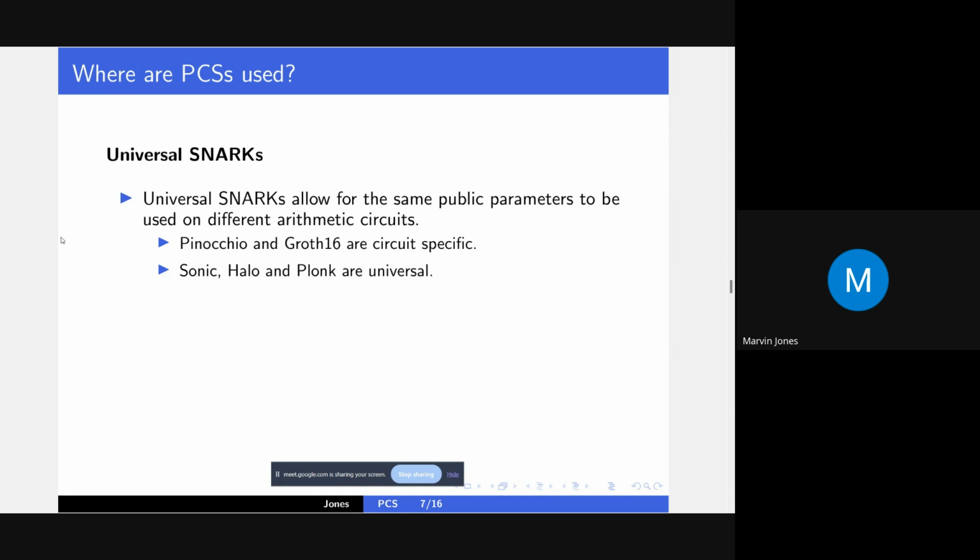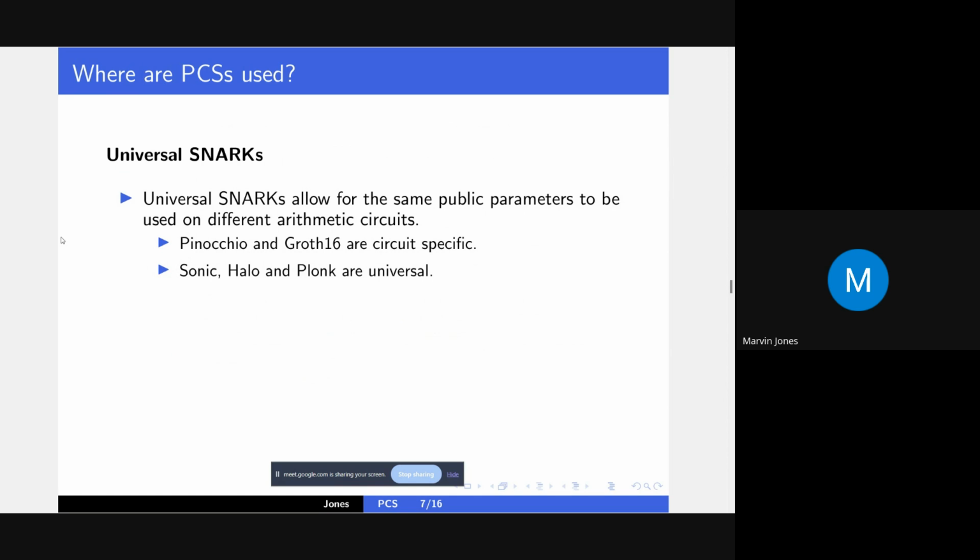It requires a trusted ceremony, a lot of volunteers to generate the public parameters and know that there's not a trapdoor.